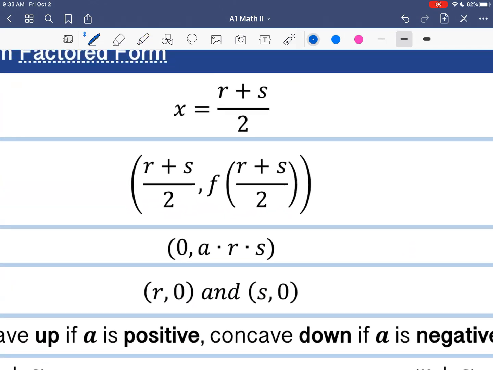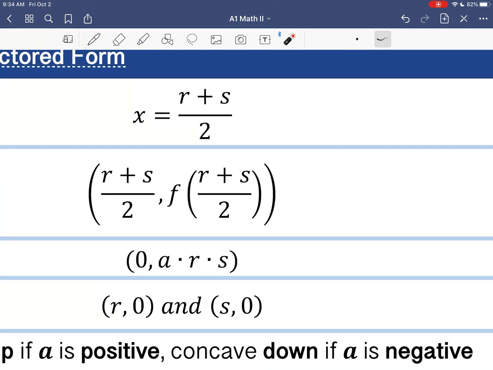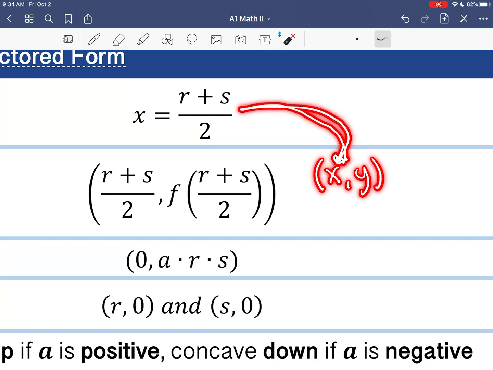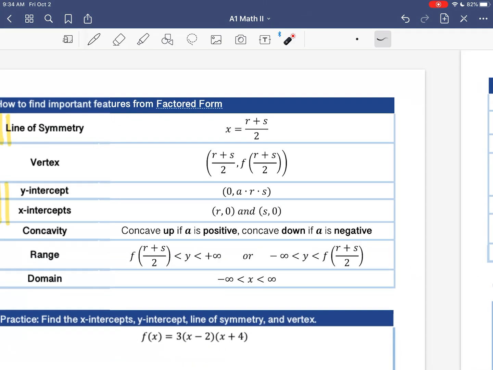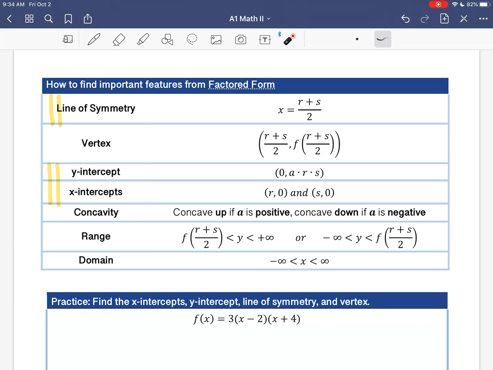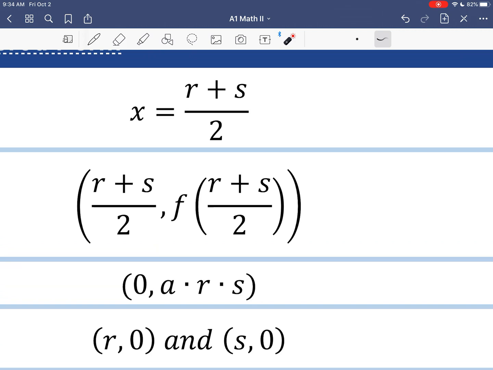Naturally, though, I want you to notice that there's a similar pattern going on here. This is for the line of symmetry, r plus s over 2. This is also the line of symmetry. So remember how we had the x value of a function? This x value of the vertex is always the line of symmetry. So no matter what formula you're using or what form you're dealing with, the line of symmetry and the vertex are going to be related the same way.